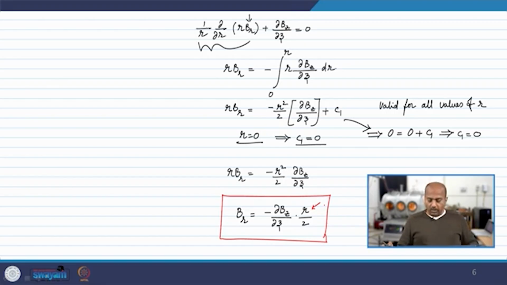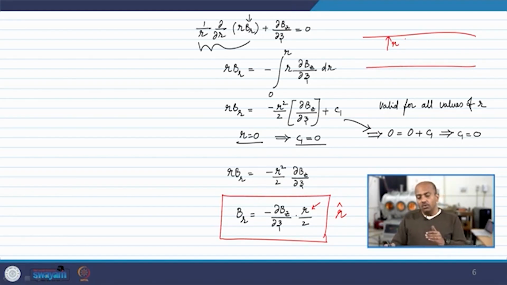Right. So, what can we say? We can say that the magnetic field increases linearly with respect to r. So, I can now safely write the direction for this as r cap. Right. So, as you go along the geometry like this, with increasing values of r, you are bound to get larger magnitudes of magnetic field.